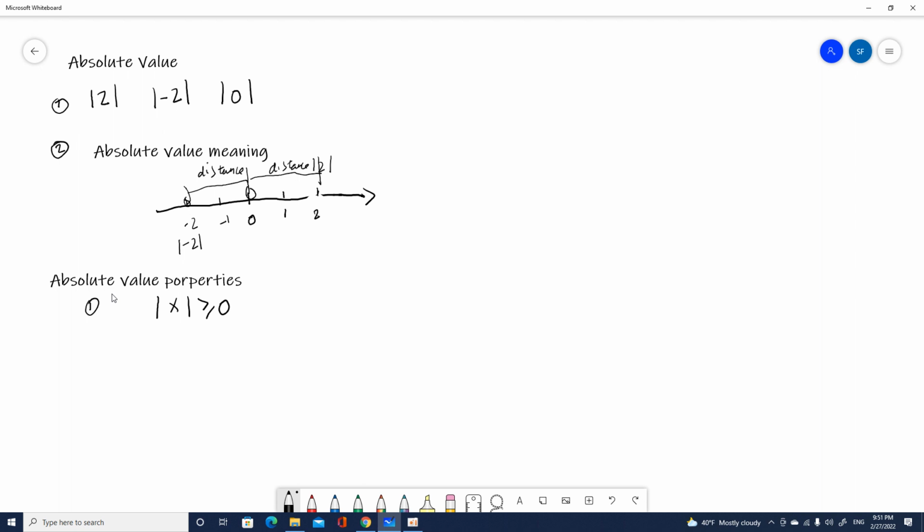The second property is when you find the absolute value, you need to divide the number into two scenarios. The first scenario is if the number is a positive number or 0.